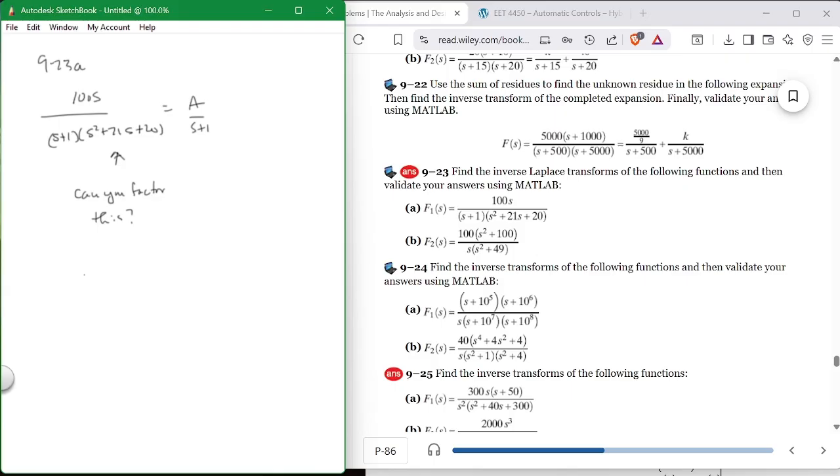The answer is yes. What are the factors of this? Is this any different than the other ones? No. So what is the split? You're done. You see that? That's all it is.